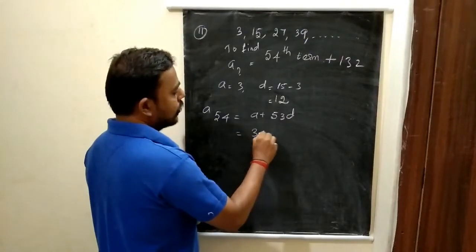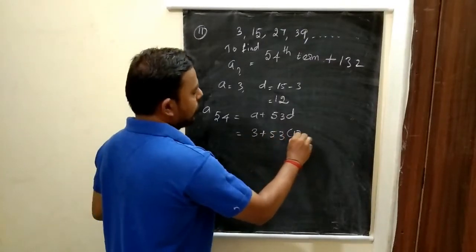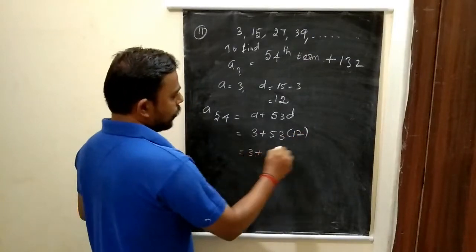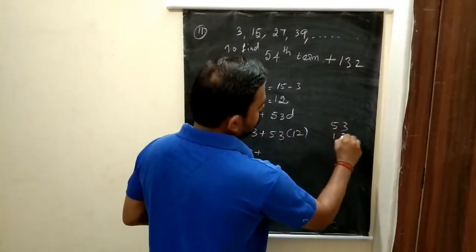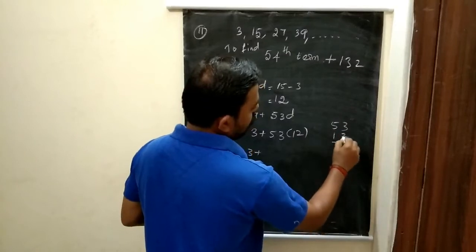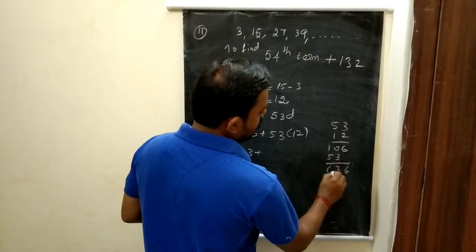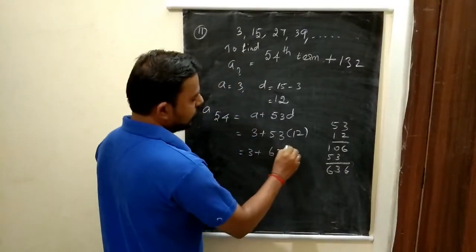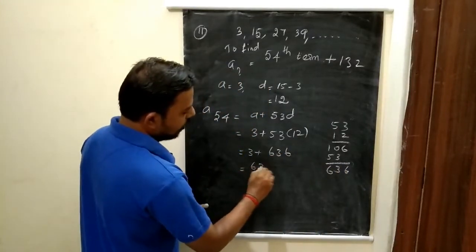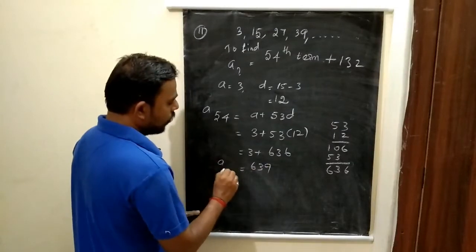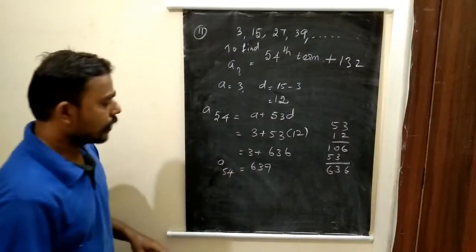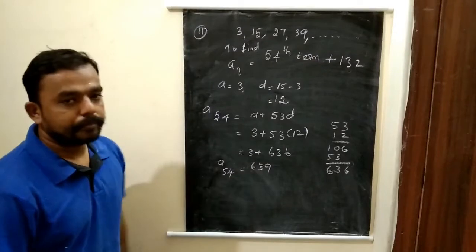So 3 plus 53 into 12. 53 into 12 is 636. So 639. So the 54th term is actually 639.